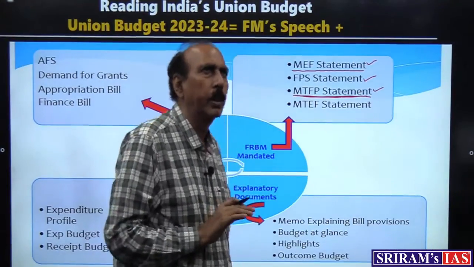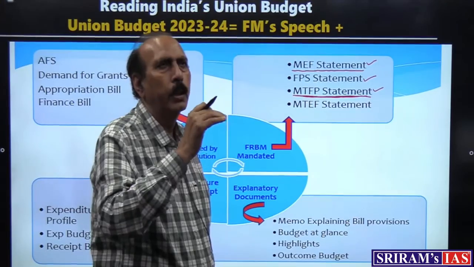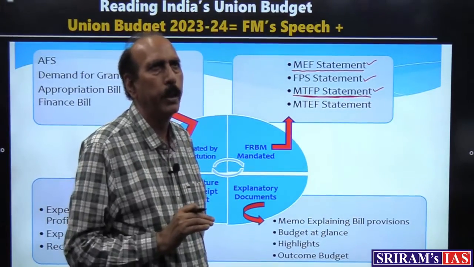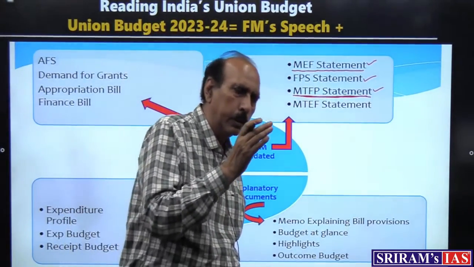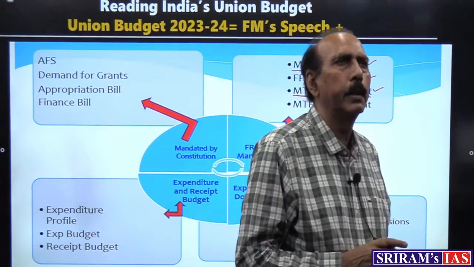The medium-term fiscal policy statement gives you the data of 4 years in one table. That is, for the year for which the budget is presented, the data is given to you.